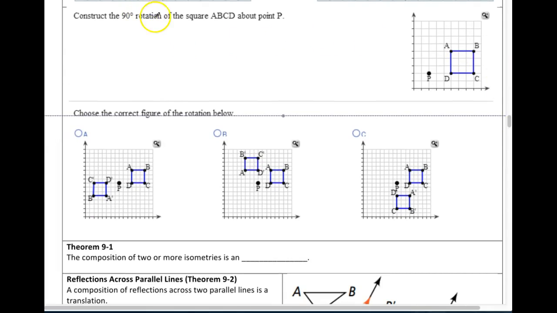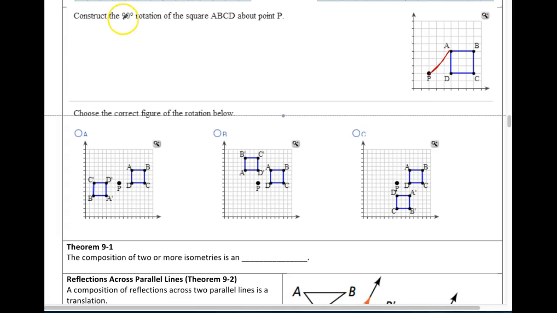Construct the 90-degree rotation of square ABCD about point P. The best way to do this is to pick a point here. So in this case, I'm going to take point A, and I'm going to draw a line from A to my point P. Okay?